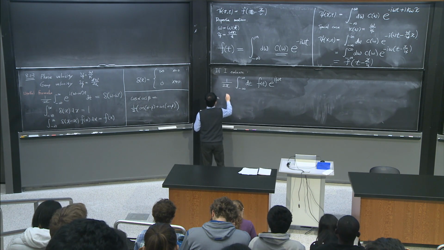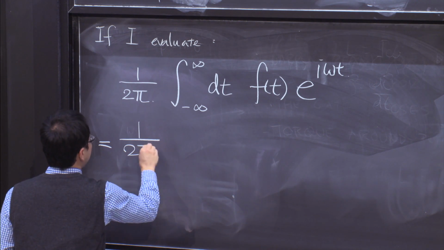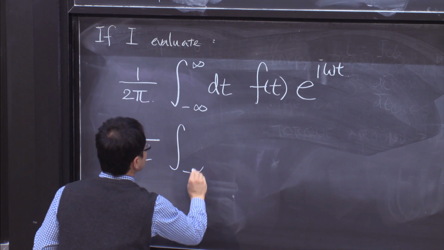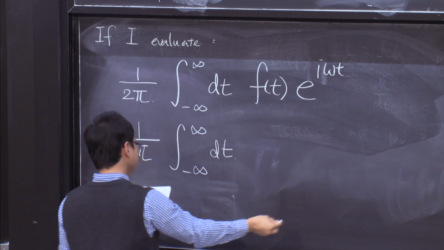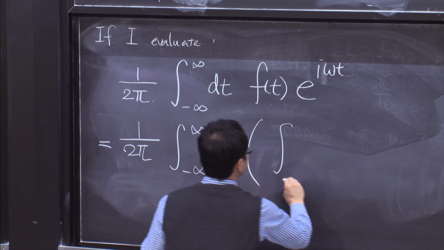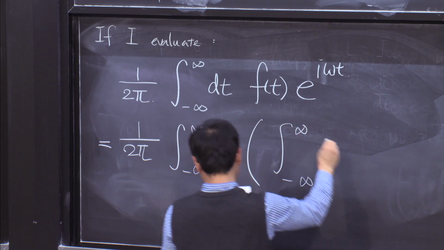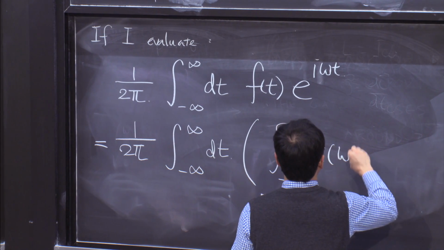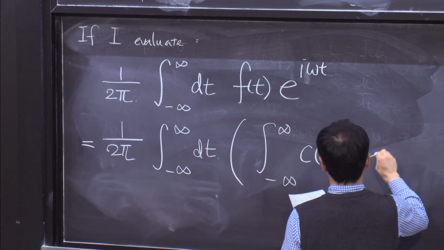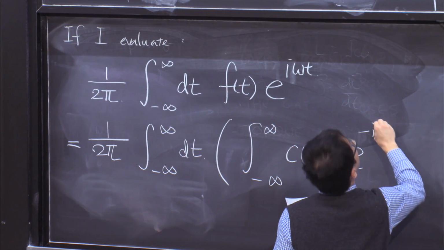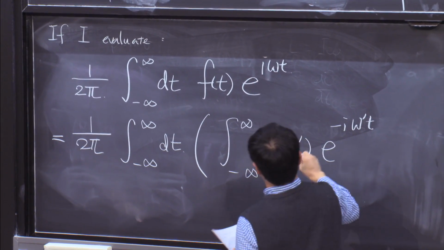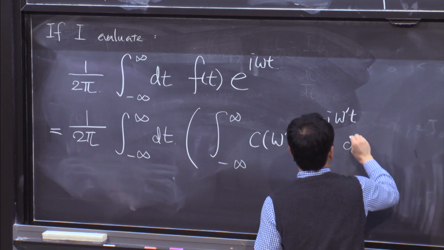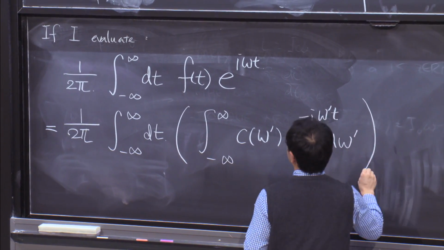If I do that, then I get 1 over 2 pi, integral from minus infinity to infinity dt, integral from minus infinity to infinity of C of omega prime, exponential minus i omega prime t, integrating over d omega prime.